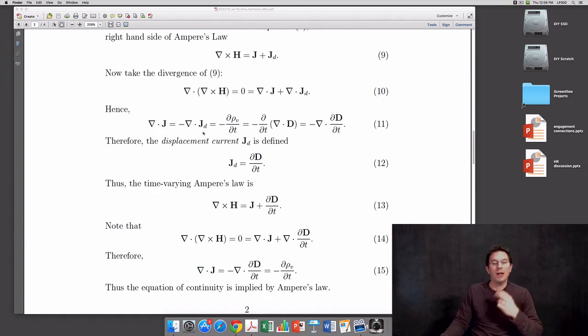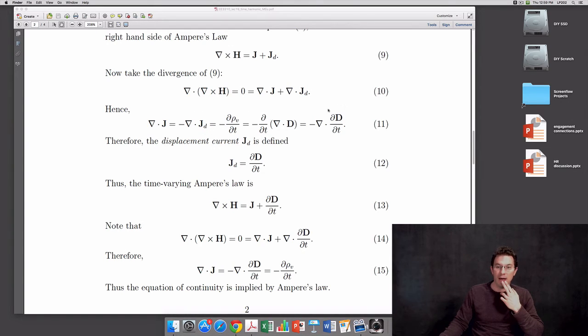Now Gauss's law, the point form, says that the divergence of the electric flux density D is equal to rho sub v. So for rho sub v, we may substitute in the divergence of D. And this is the only quantity that depends on time, so this time derivative just acts on the electric flux density D.